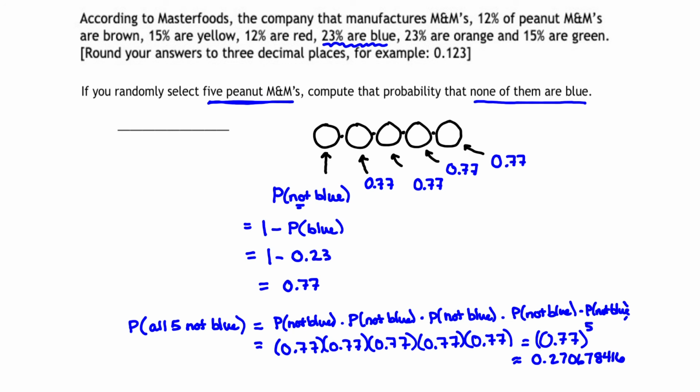Rounding to the nearest 3 decimal places gives us that the probability that you randomly select 5 peanut M&Ms, none of which are blue, is 0.271.